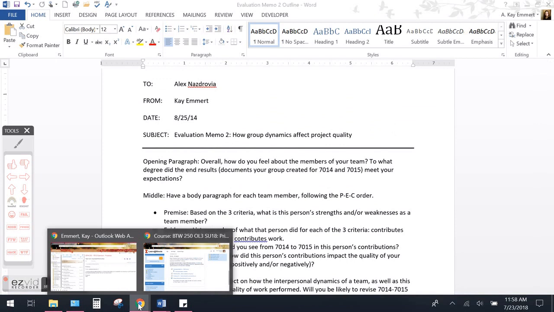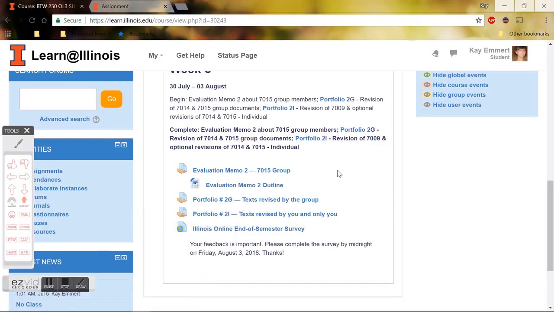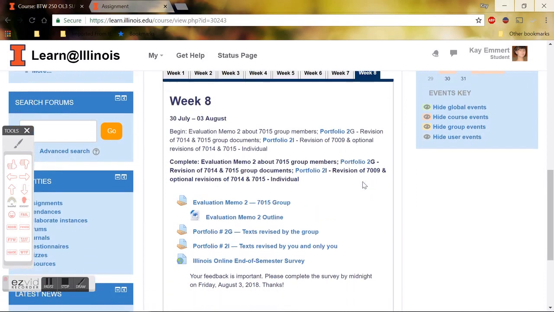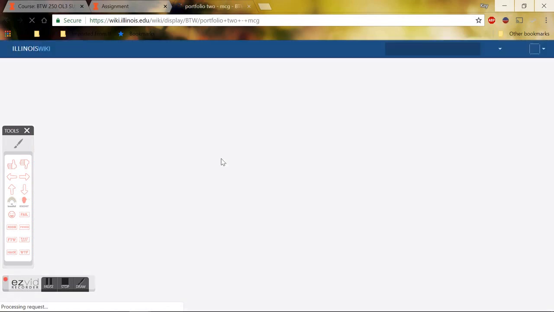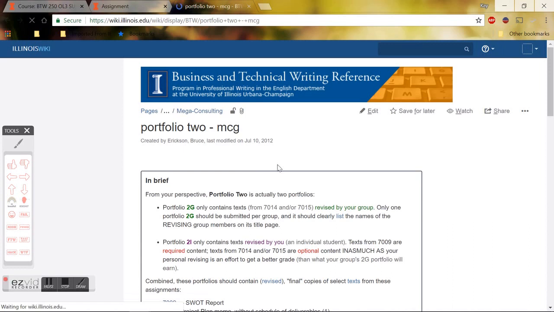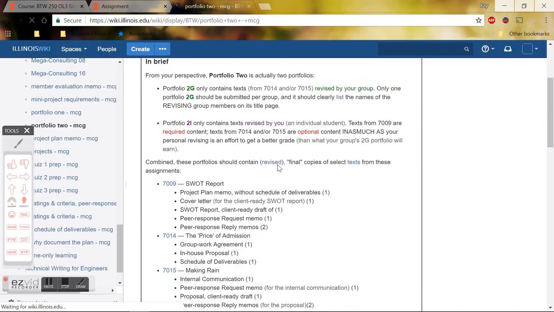Now, there is something I do want you to keep in mind. The wiki page for Portfolio 2G asks you to turn this evaluation memo in as part of the group submission. I don't want you to do that because I want you to feel comfortable being honest in your assessments.